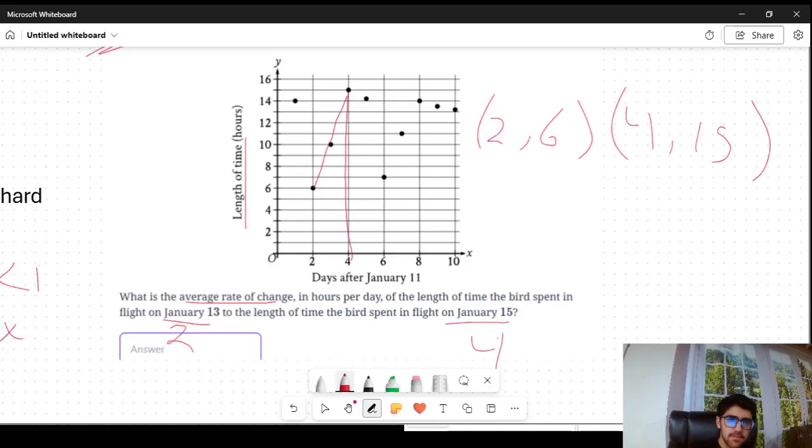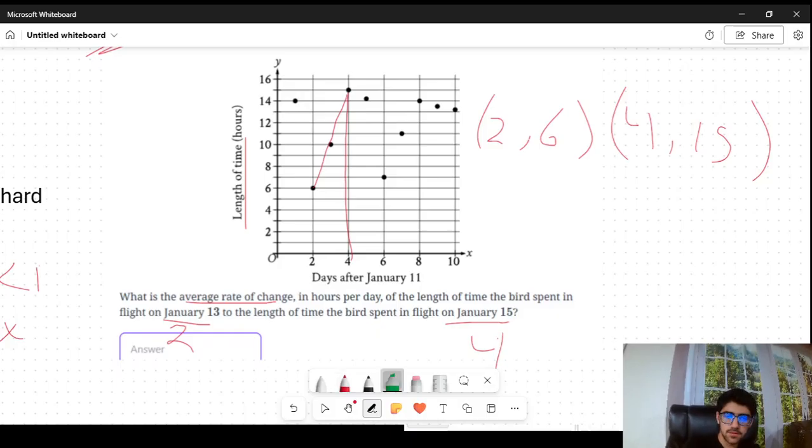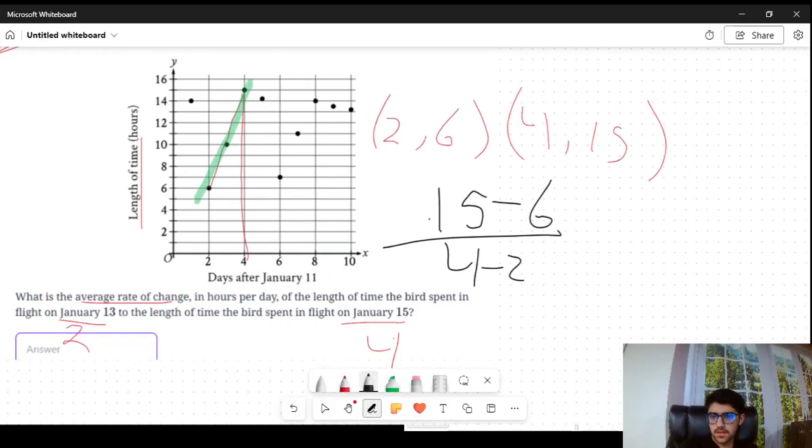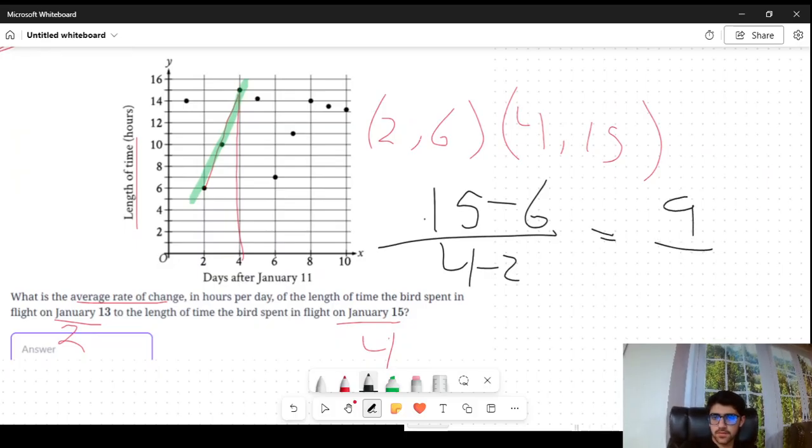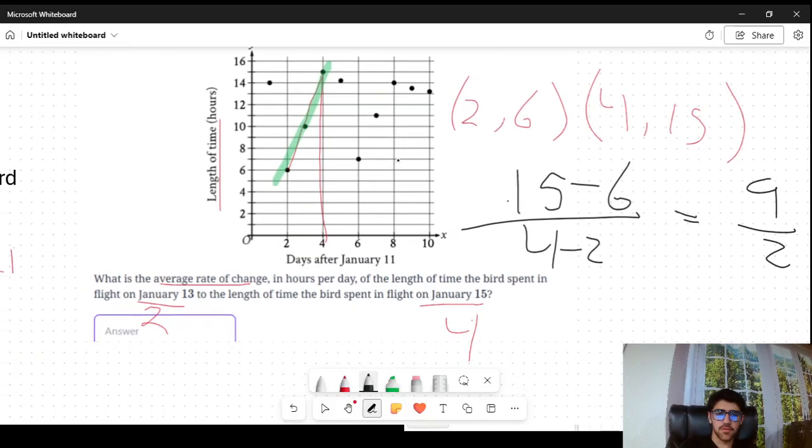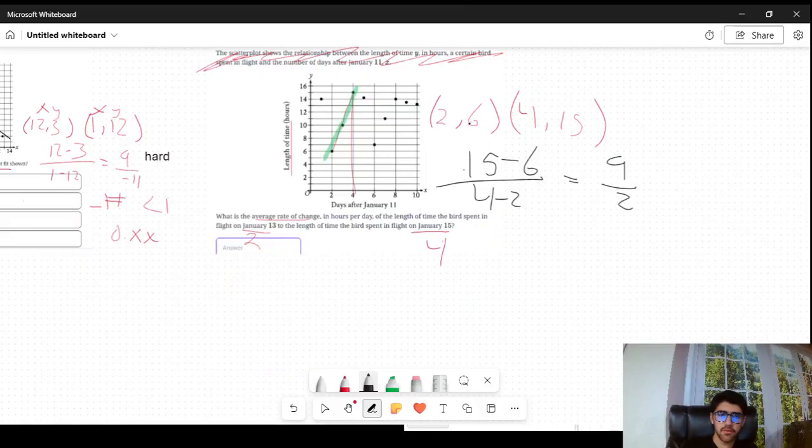Basically you're just finding the slope of this line that I just drew. So just solve for the slope, 15 minus 6 over 4 minus 2 equals 9 over 2, which is 4.5. So the answer is 4.5, or you could put in 9 divided by 2.